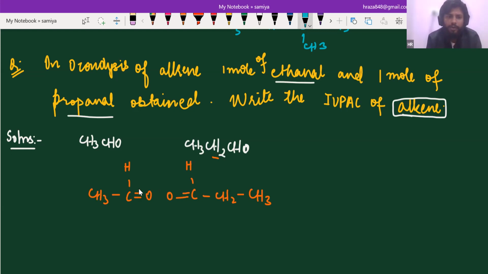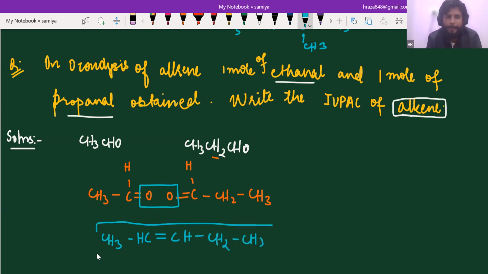What you need to do is just remove this O2 and make a double bond between these carbons. There was H, and after this a CH3, and then CH2, CH3. So this is the alkene which on ozonolysis will give these aldehydes, and you can name it easily: 1, 2, 3, 4, 5. So its name will be pent-2-ene.